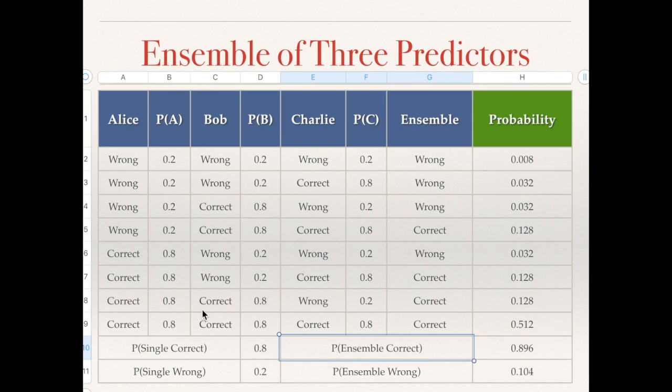Previously, when the individual predictor had an accuracy of 0.6, the gain was about 5%, and now it is 89.6% against 80%, and we have an accuracy gain of 9.6%.